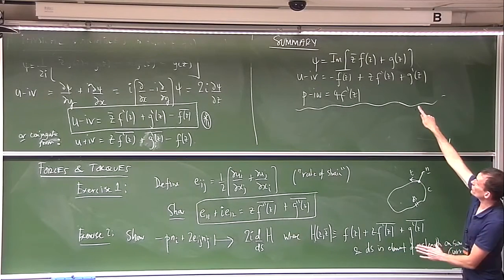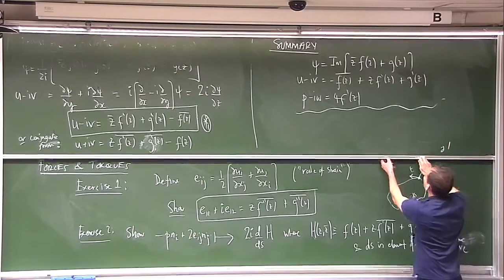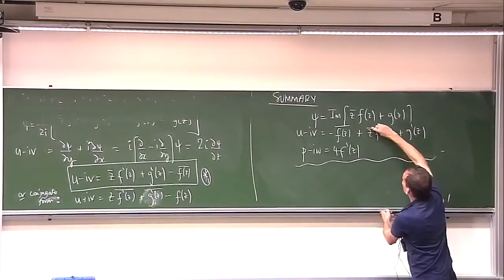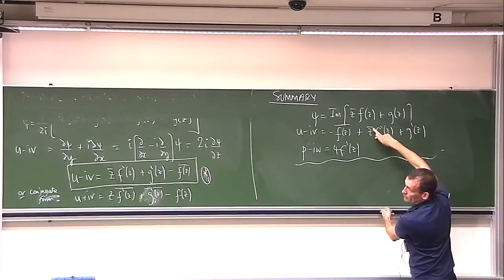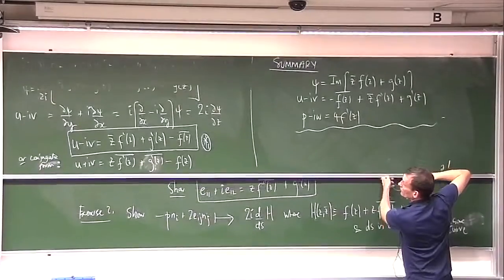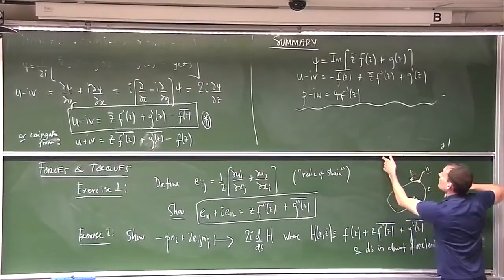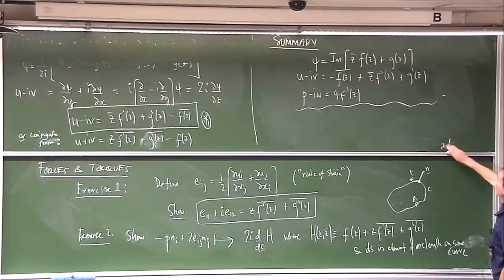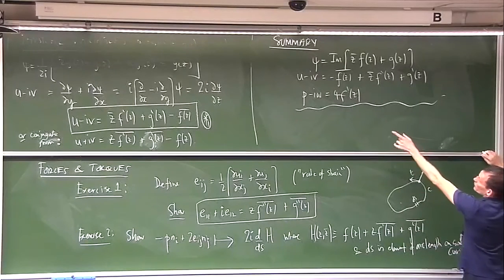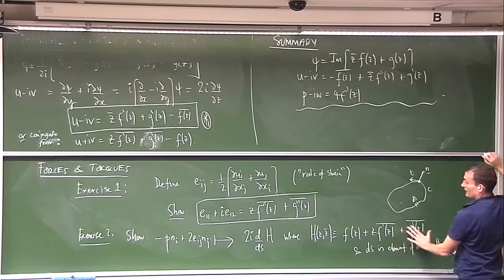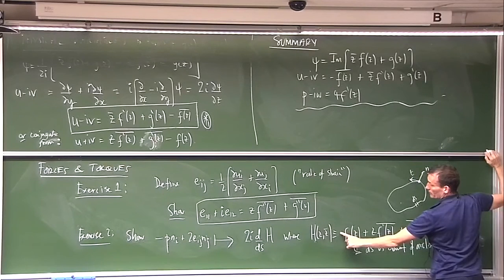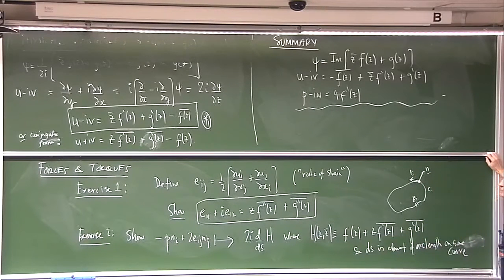If I took a conjugate of that, oh, hold on, sorry, there was a typo here. There should be a bar there. Sorry about that. If I take u plus IV, it's basically h. The only difference is there's a plus sign here. That, by the way, is very useful mathematically, that observation.